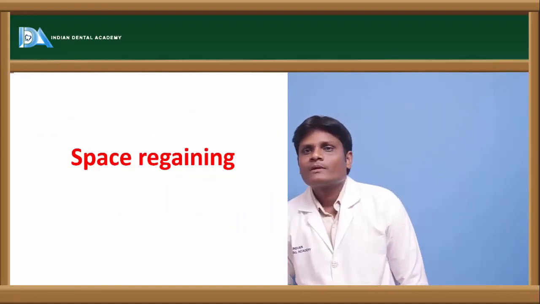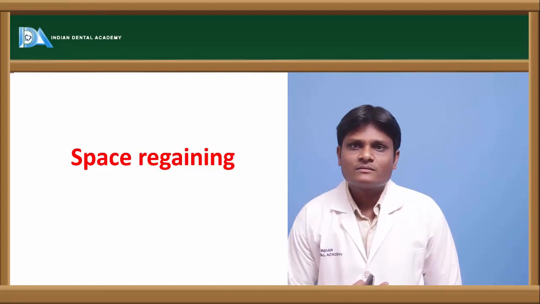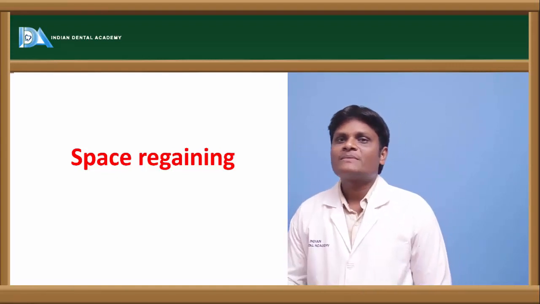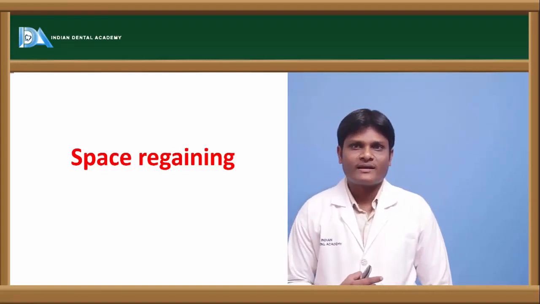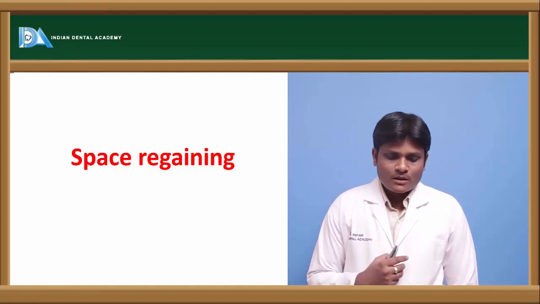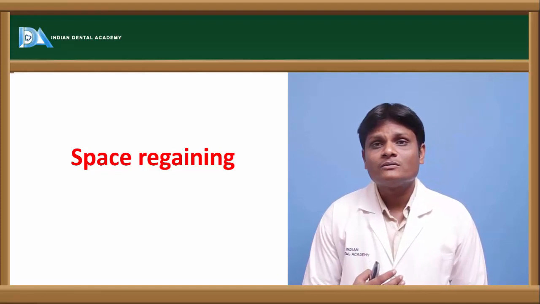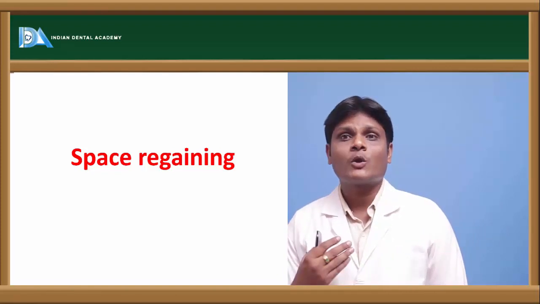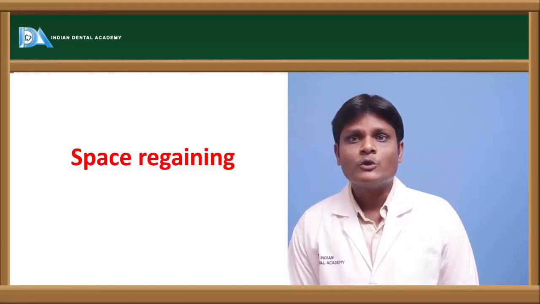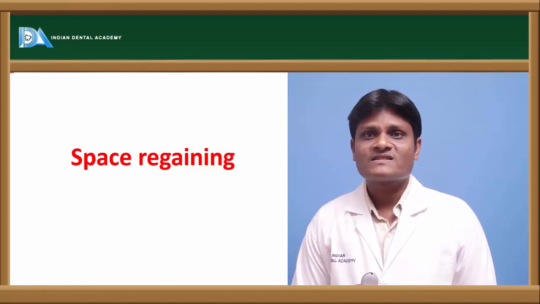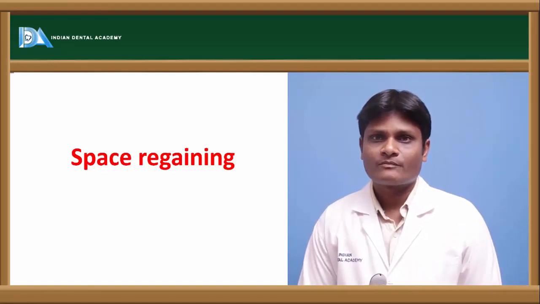Now, apart from these procedures, we have something called space regaining. Usually, we will try to regain the space that has been lost due to mesial migration of the first permanent molar.